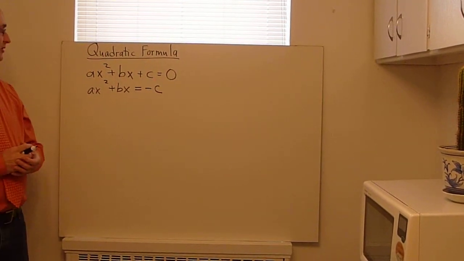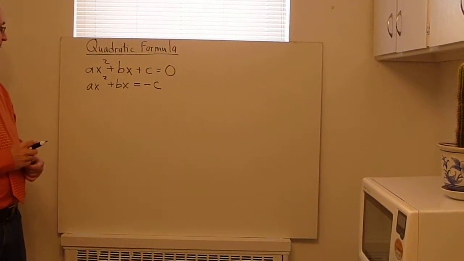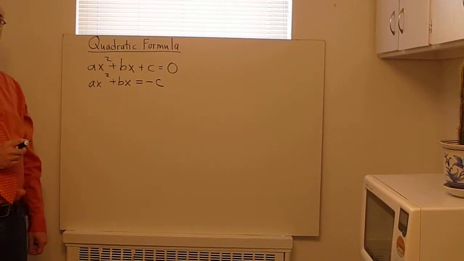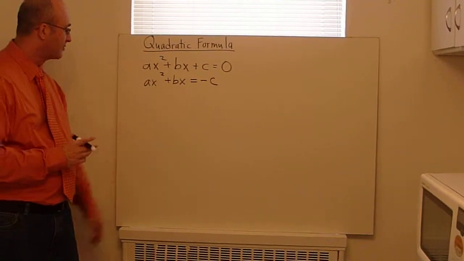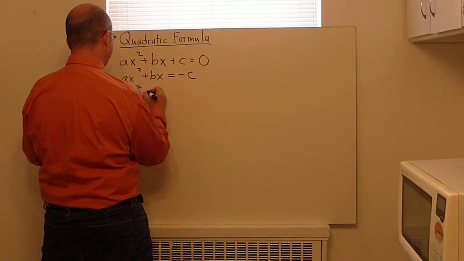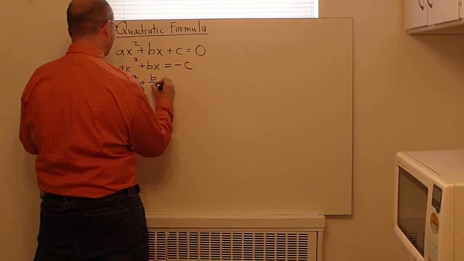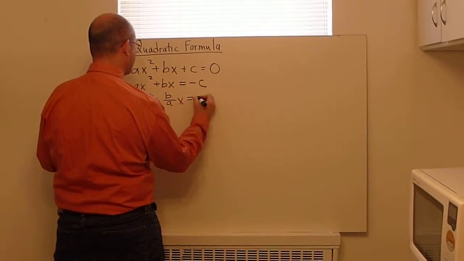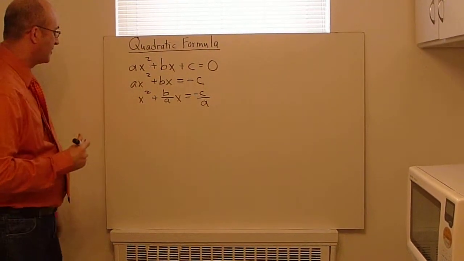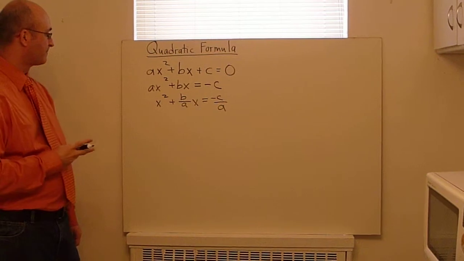Now, in pursuit of our goal to isolate the x, the next thing we can do is get rid of that a. So to get rid of the a, let's divide everything by a. Okay, we're getting closer to our goal.